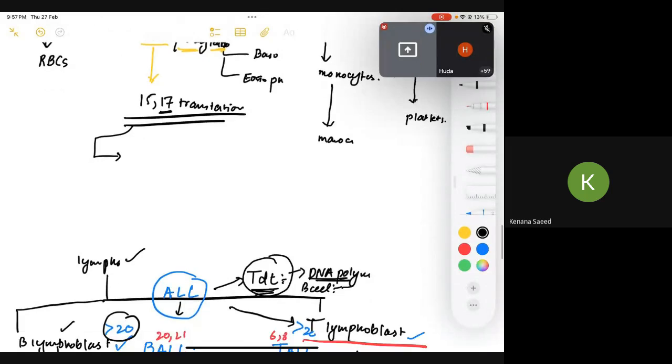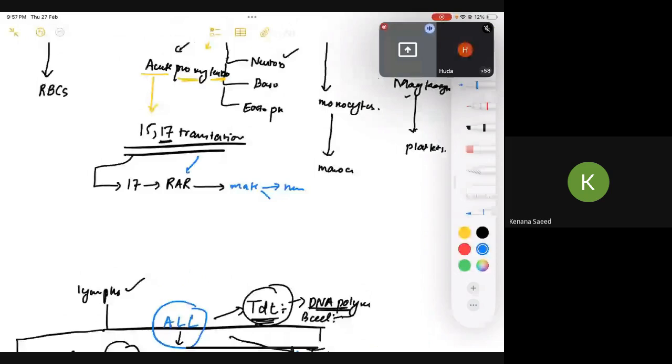I'm just drawing this. You know that on chromosome 17, you have something known as the retinoic acid receptor. When retinoic acid binds to this receptor, it leads to maturation of your myeloblast, which then converts into neutrophils, basophils, and eosinophils.